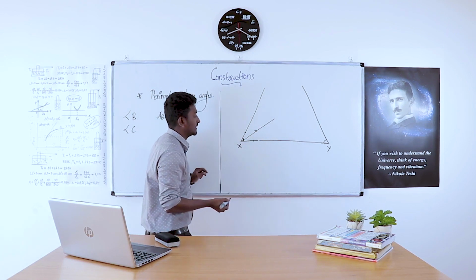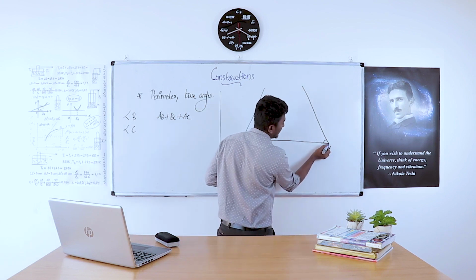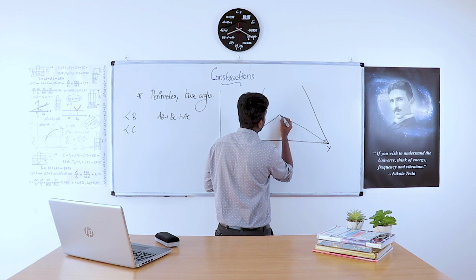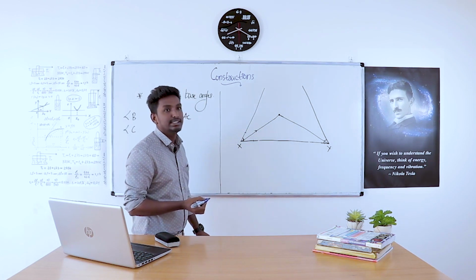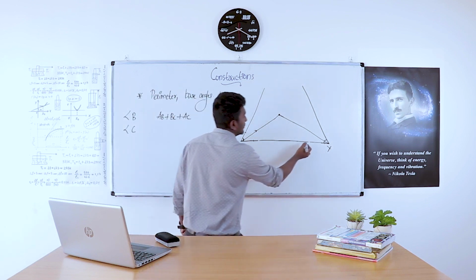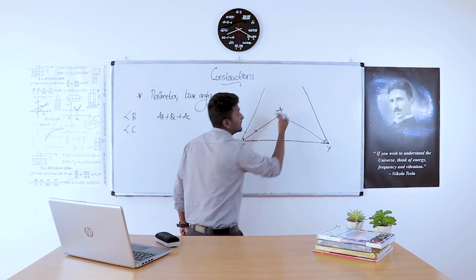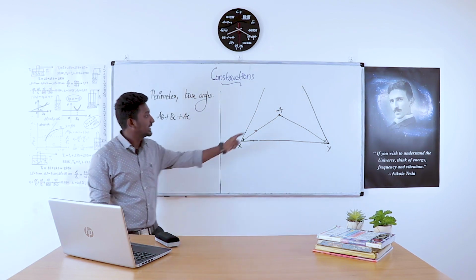This is the angle bisector. In the same way, draw an angle bisector here also. These two bisectors meet at a point, and mark this point as A.